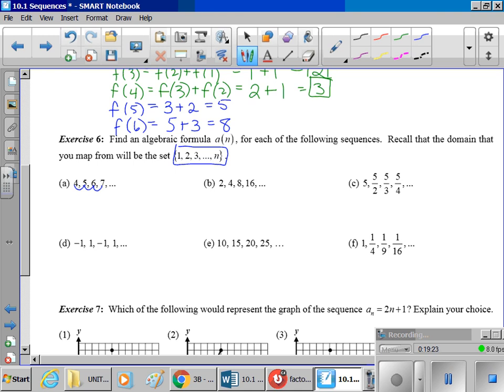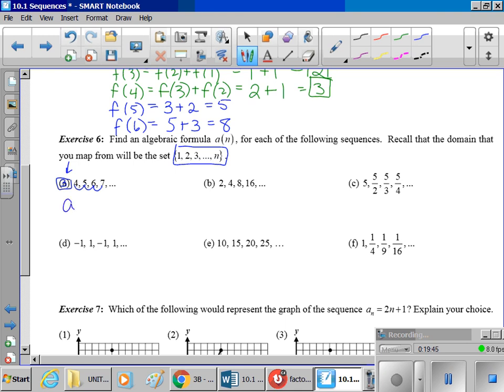So this one, the common difference is positive 1. It goes up by 1 each time. That means I need to know what that 0 term is to find my slope. I'm not circling the a, I'm circling what should be there. So if I go from 7 to 6 to 5 to 4, to find that 0 term, it would be 3.